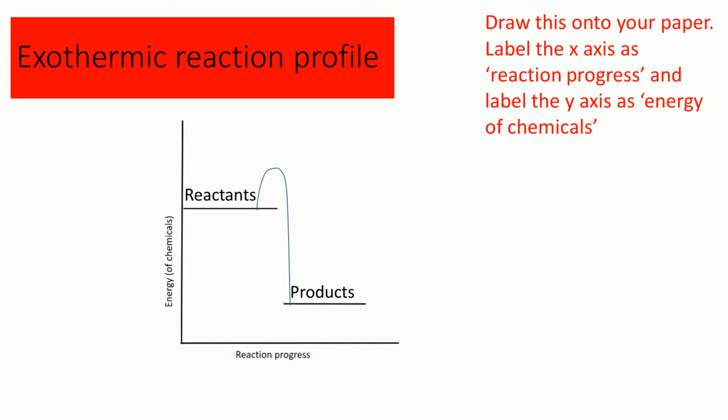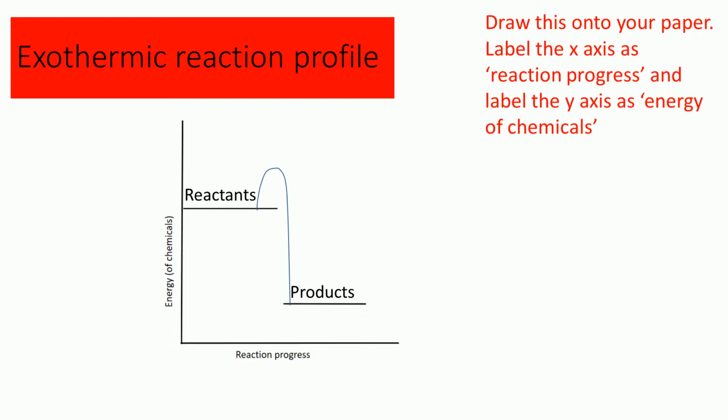So for example, if we have methane, which is our gas that comes out of our gas into our Bunsen burners, for that methane to react with oxygen, we need to give it a lit match to start that reaction. We can take the match away afterwards and it continues to burn and combust, but it needs that little bit of energy to start it off. So that's that barrier there.